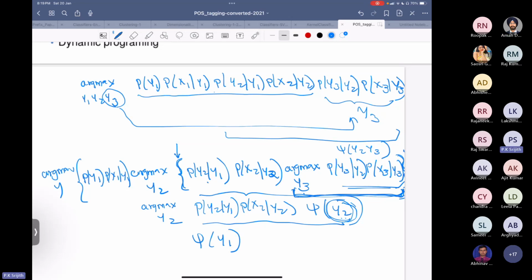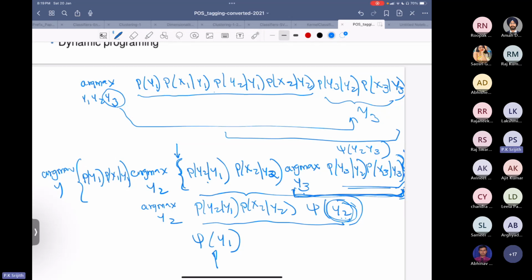Again, at this point, I may not be able to choose what my y2 is going to be. It depends upon what I eventually choose as y1. But I can maintain this table or this sequence of values, this function, for the different values you get for y1, obtained by doing an argmax over y2.